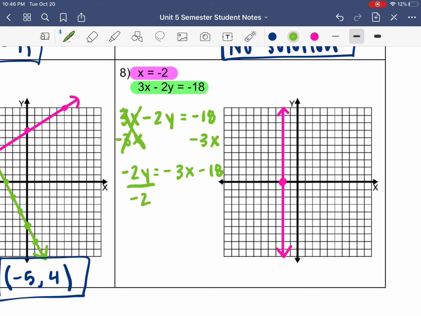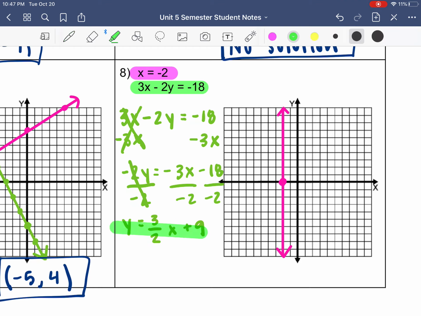We're going to divide by negative 2 everywhere. So we get y equals negative, a negative divided by negative is going to be a positive. That's going to be a positive 3/2 x, and negative 18 divided by negative 2 is going to be positive 9.